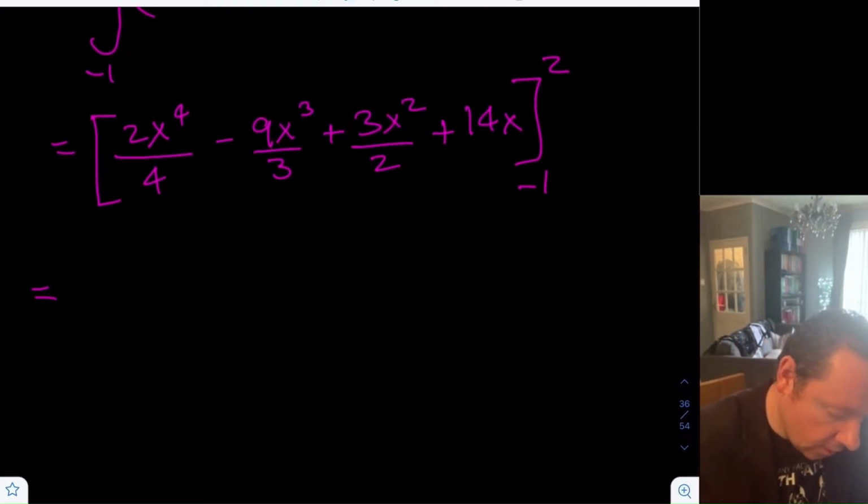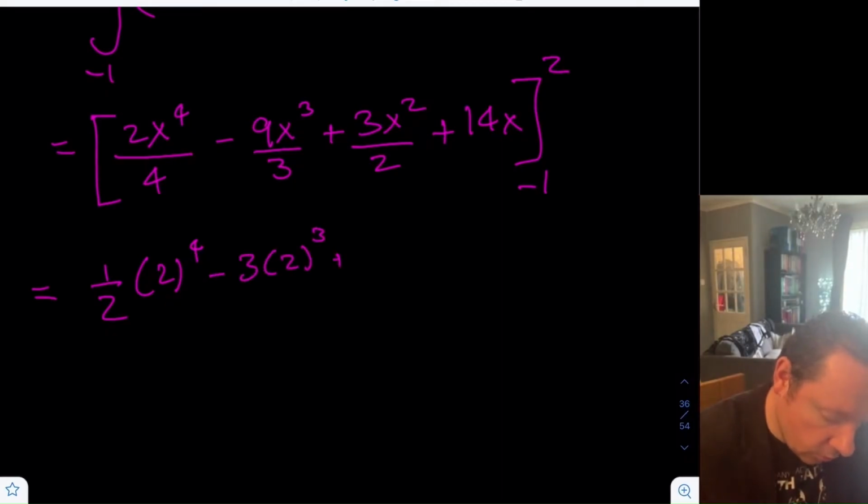So tidying this up, that's a half of 2 to the power of 4. 9 divided by 3 is 3, so that's minus 3 times 2 cubed, plus 3 over 2 times 2 squared, plus 14 times 2.